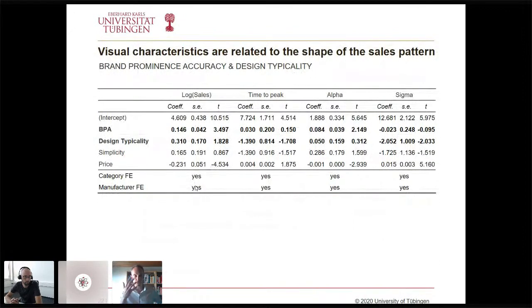So here we have fixed effects, or a set of dummy variables, that essentially remove all brand-specific variation and only then focus on within-brand variation. And even within brands, we do see that the brand prominence and the design typicality matter. So yes, I would say it's a brand or manufacturer phenomenon, but even within one manufacturer, we see variation that we can explain. I'm not quite sure whether it answers the question, but I hope it does.